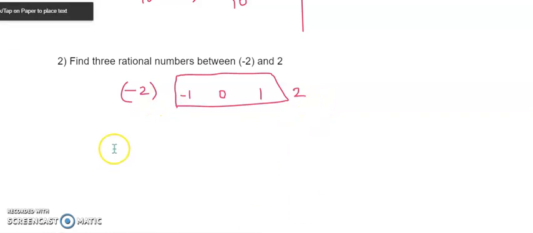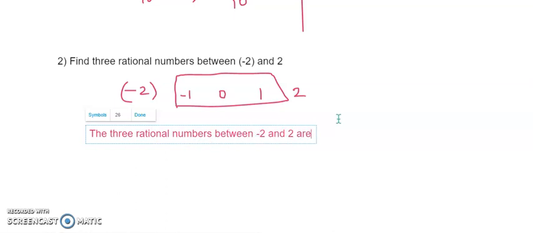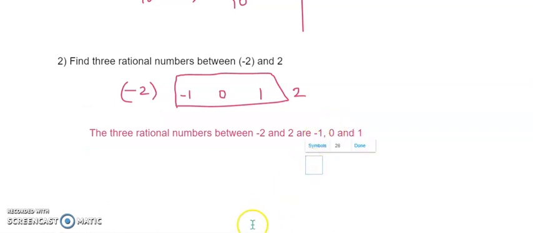So directly here in this case, we don't have to do the same method of dividing by 1 and multiplying by 10 because I can have three rational numbers. So we'll say the three rational numbers, integers are rational numbers. Okay, three rational numbers between -2 and 2 are -1, 0, and 1. Correct? Okay, we got it, so we are writing it. If not, then we'll do the previous method.